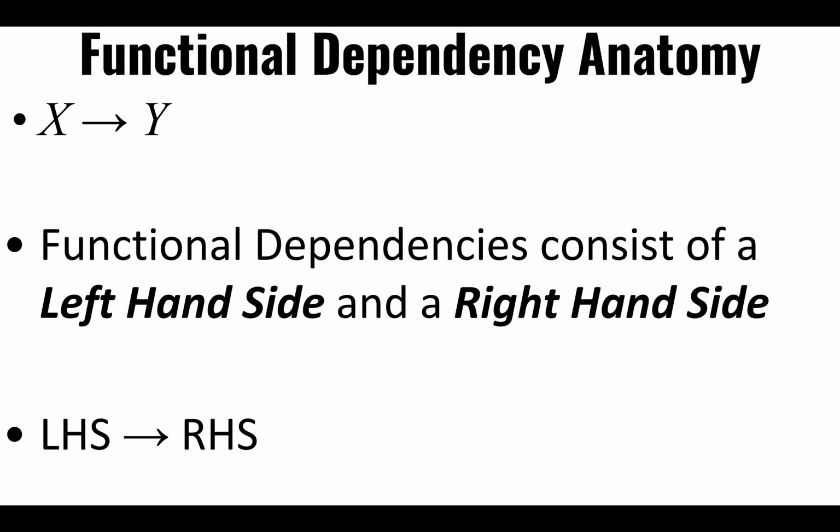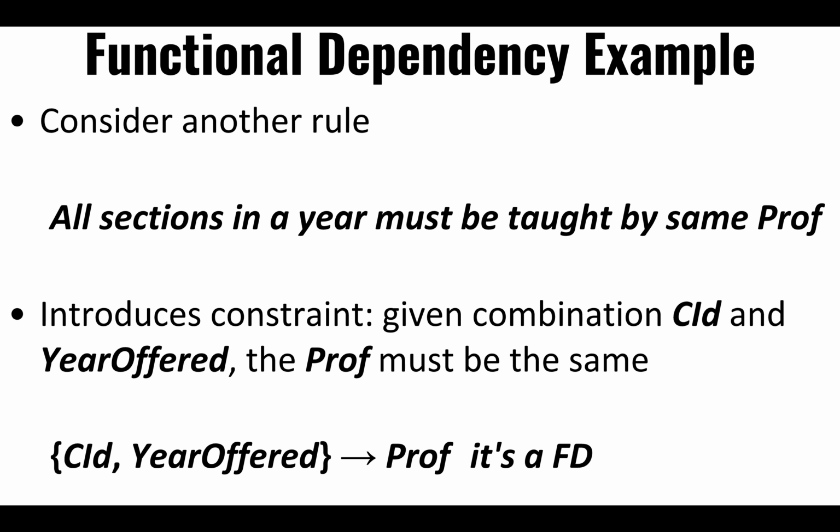So functional dependencies. Again, some jargon here. You have the left-hand side implying the right-hand side, or X implies Y and whatnot. All right, so let's take a look at this. Here's another rule. We first looked at the professor can teach only one course, and we already immediately identified the functional dependency.